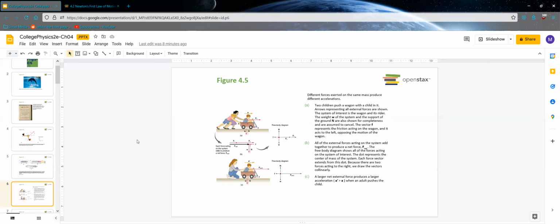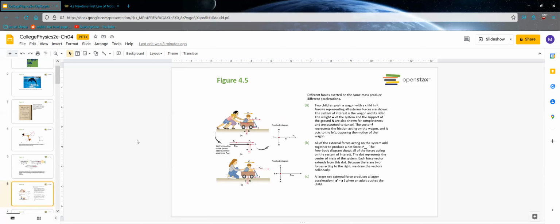And here we have examples of how all of this plays out, right? This, I believe, is a question from the textbook. I'm not covering this particular question, but you have a simple act of pushing someone in a wagon, right? The act of pushing someone in a wagon has connected math behind it, and the math described by what you're doing can be complicated and, once you decipher it, solvable.